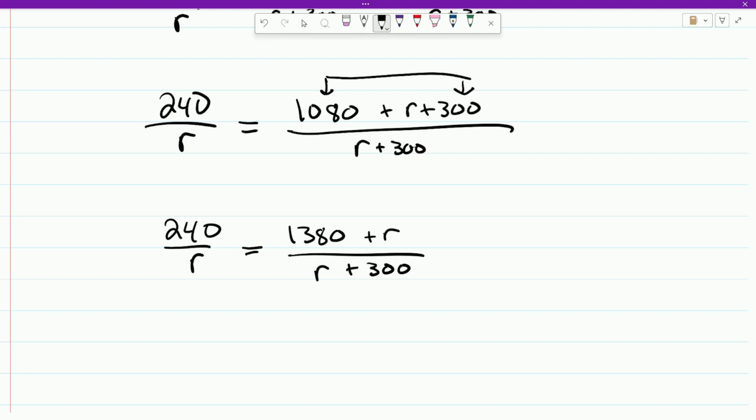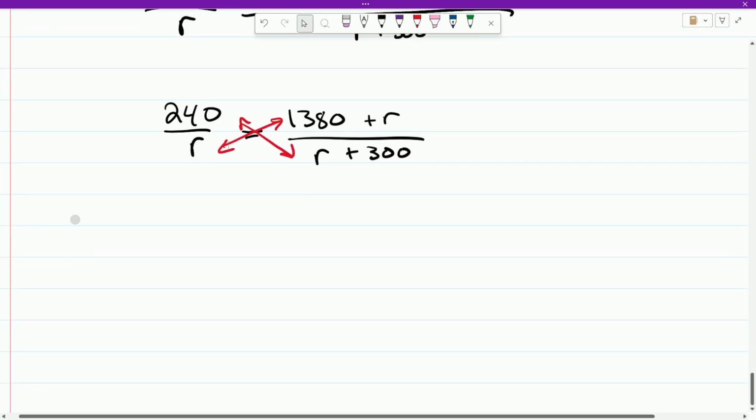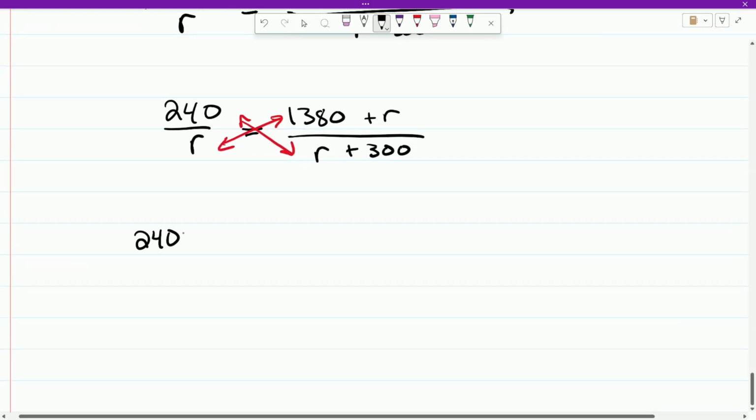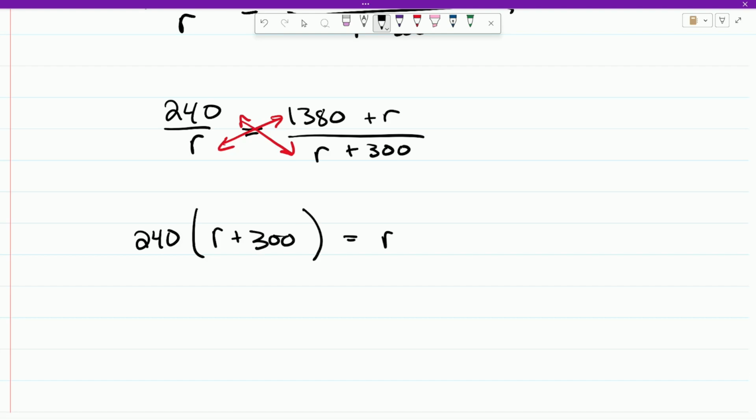And notice we have a fraction equal to a fraction. So we're going to have to cross multiply this. All right. So let's go ahead and do that. Remember, write it out first and then go ahead and do your multiplication. So we get 240 times r plus 300 equals r times 1380 plus r.